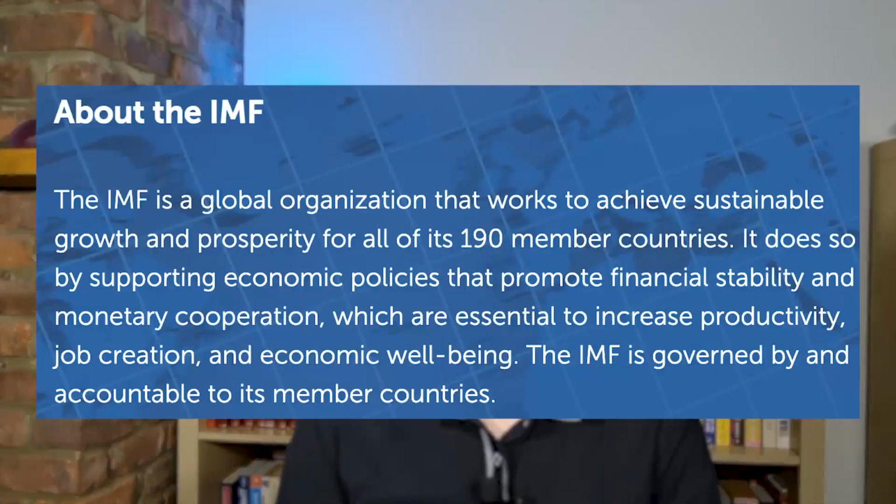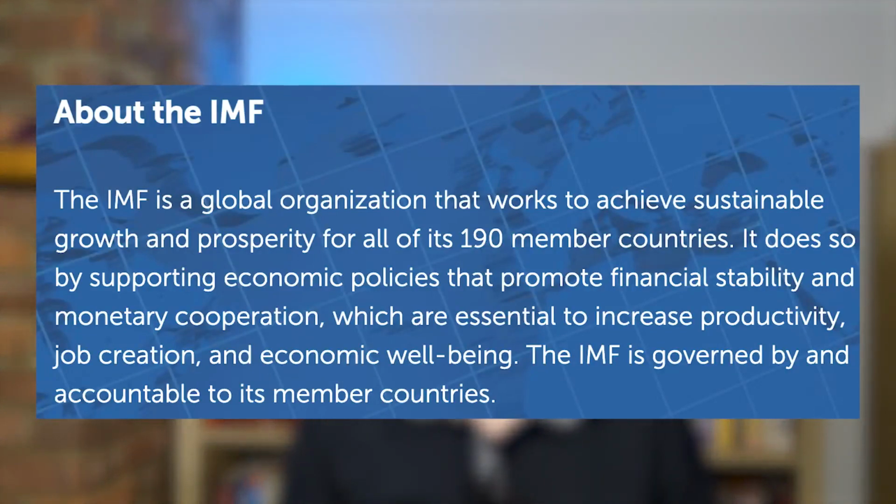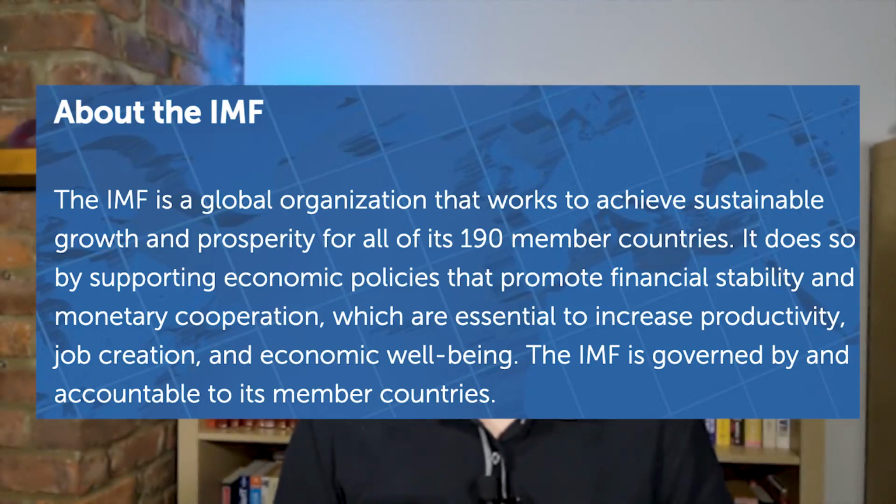But what does the IMF claim it actually does? Well, the stated aim of the IMF is to achieve sustainable growth and prosperity for all of its 190 member countries. And it says it does this by supporting economic policies that promote financial stability and monetary cooperation to ensure productivity, job creation, and economic well-being.